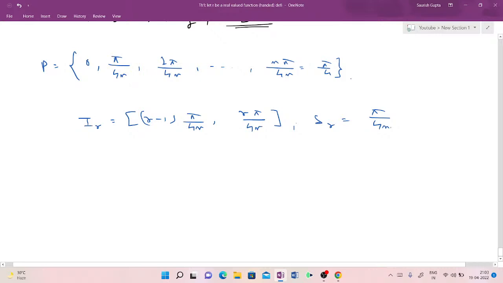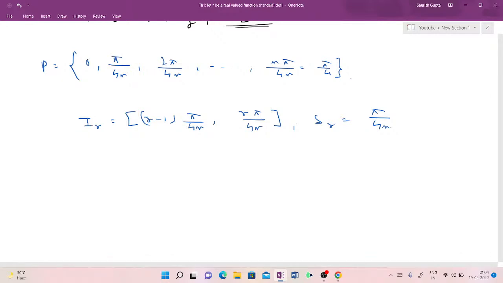Now see, since this is a piecewise function, and every interval you have taken, what will be the LUB and the GLB of the function in that particular interval?